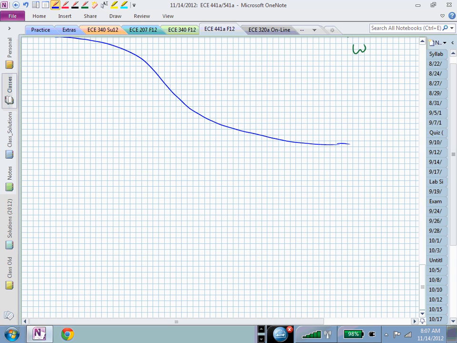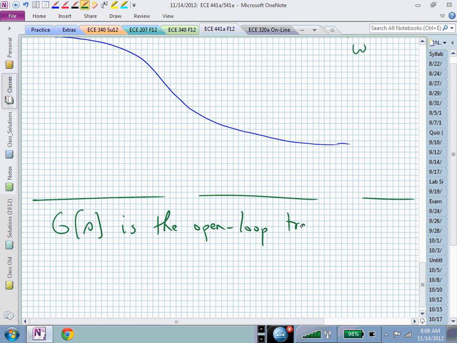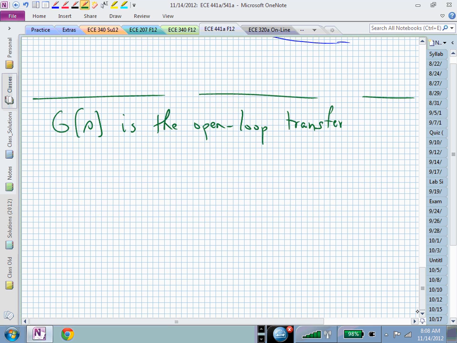So here is the scenario that we're looking at. We have G of s, which again is the open loop transfer function, and we want to be able to infer closed loop system behavior from just having access to this open loop frequency response behavior.